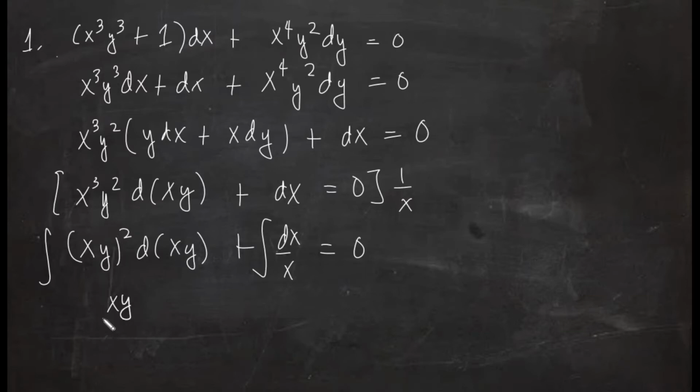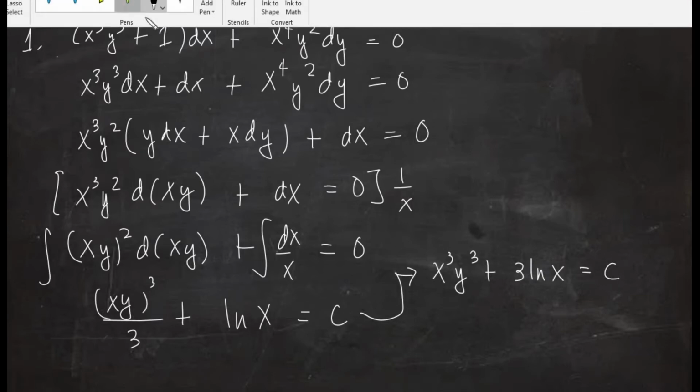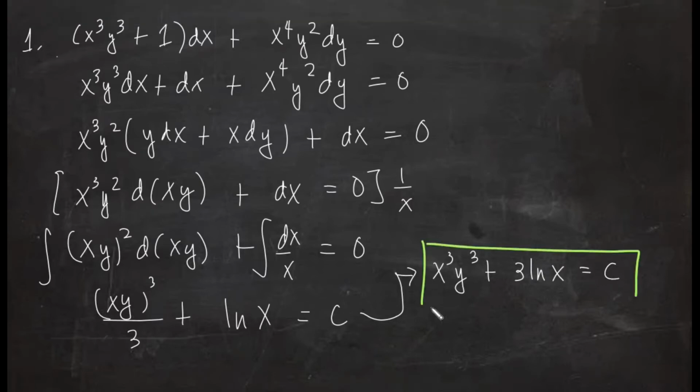So this will be xy cubed over 3 plus ln x is equal to c. So finally, just to simplify, we simply multiply by 3. So we will have x cubed y cubed plus 3 ln x is equal to c. And that would be our final answer.